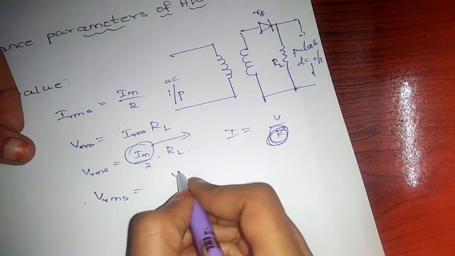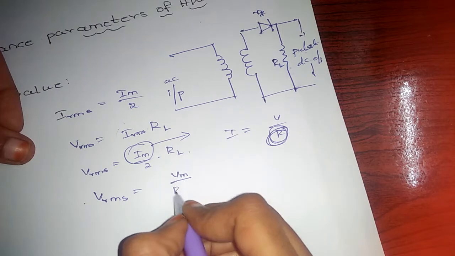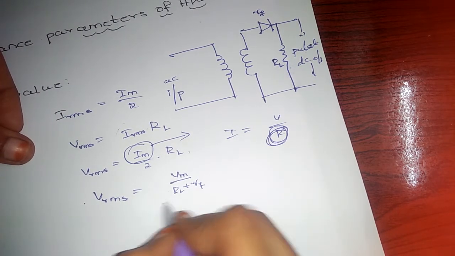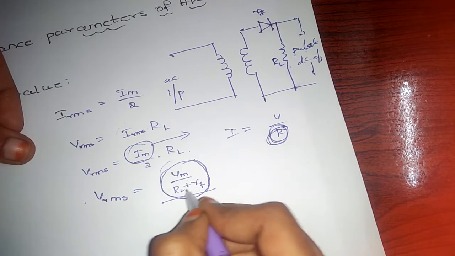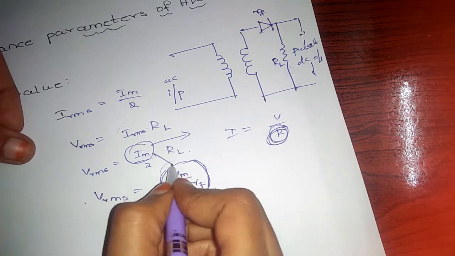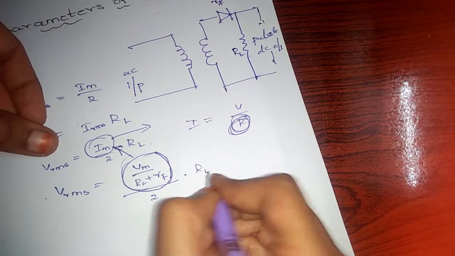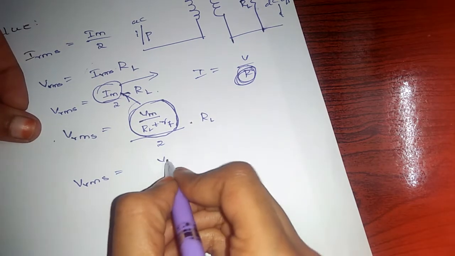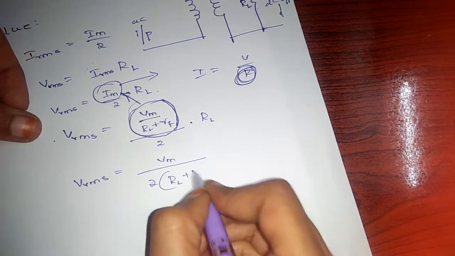So Im is Vm, the maximum voltage, by RL plus RF, by 2. This Vm by RL plus RF is nothing but our Im, into the present resistance RL. So we get Vrms is equal to Vm by 2 into RL plus RF.